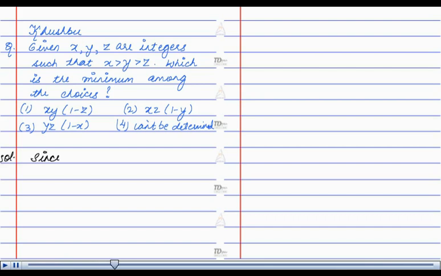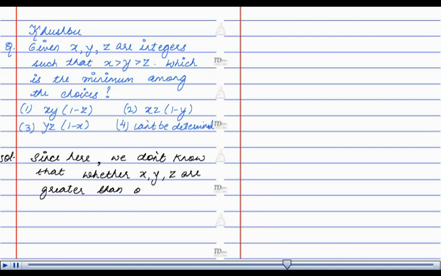Since here the nature of x, y, z in terms of 0 has not been given, that is, we don't know whether x, y and z are greater than or less than 0, we cannot determine the minimum values.